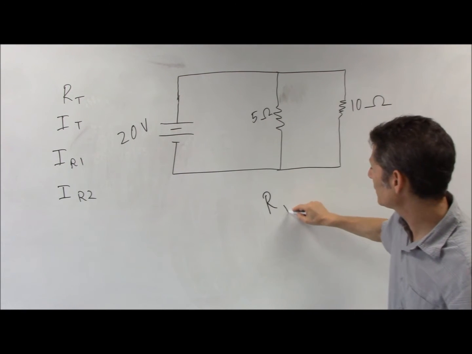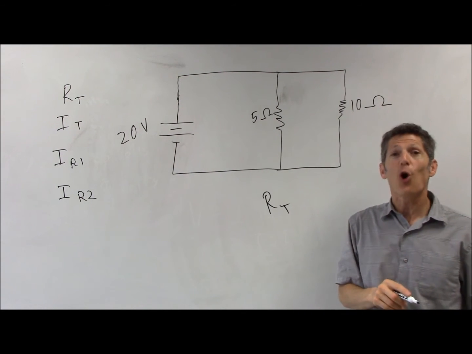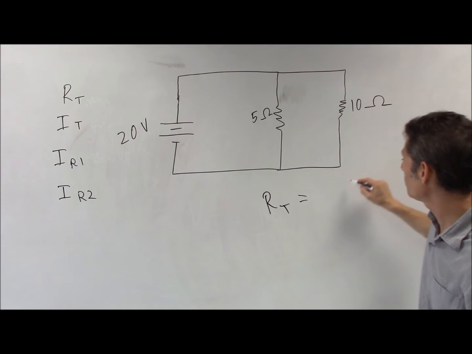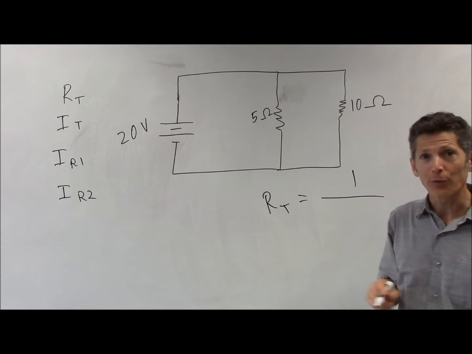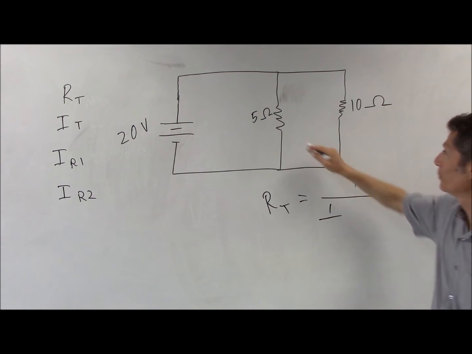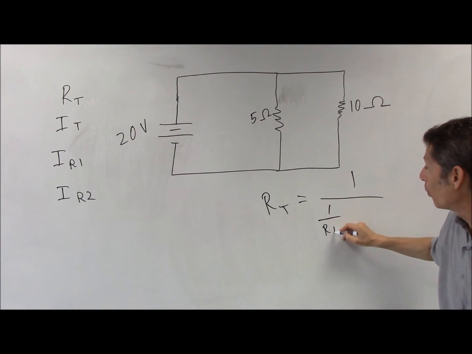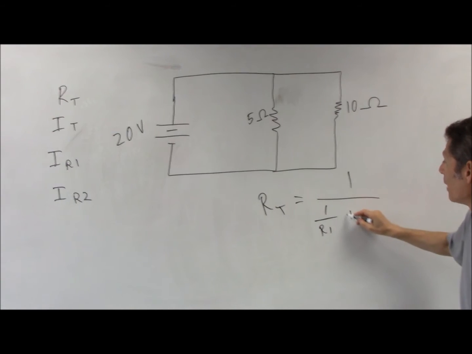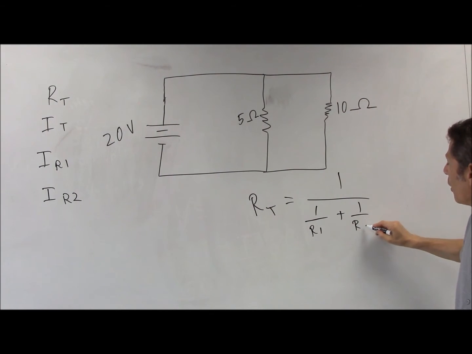We talked about this in class, but it turns out that the total resistance is equal to 1 over each resistor. So it would be 1 over R1, I'm calling this resistor R1, plus 1 over R2.